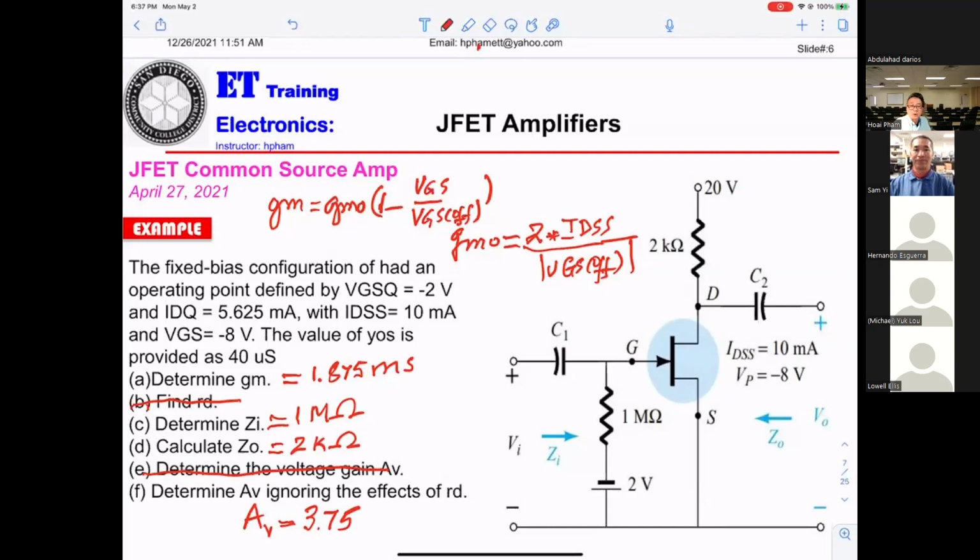And also what type of DC bias will be used. And when we deal with the amplifier, we deal with gm and gm0. That's the formula you need to know. So up to this point, any question?